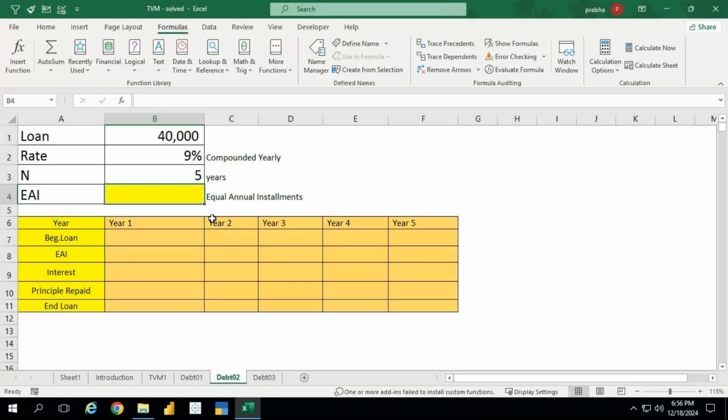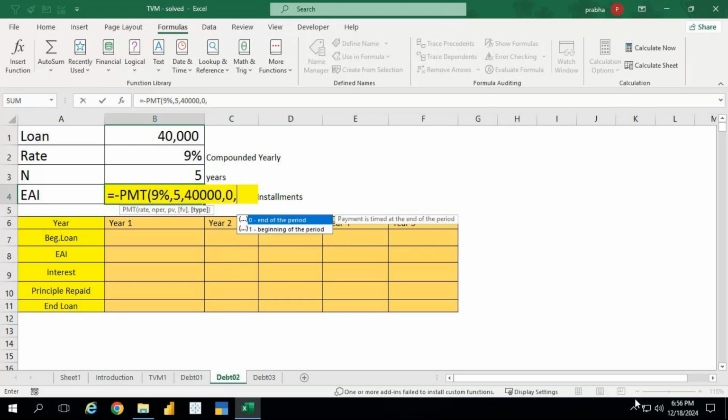It's done, ma'am. So now here I have to first calculate the PMT. So I will type equals minus PMT. The rate will be 9%, comma, NPER is 5 years, and present value is 40,000, comma, future value will be 0, end of the period.